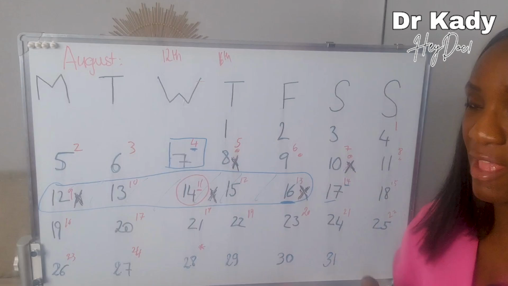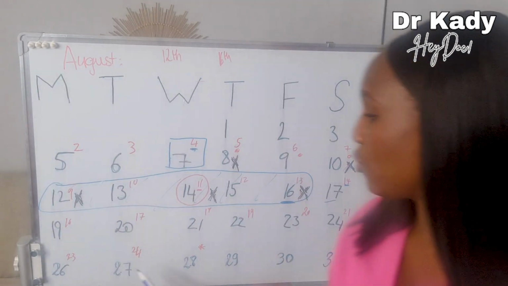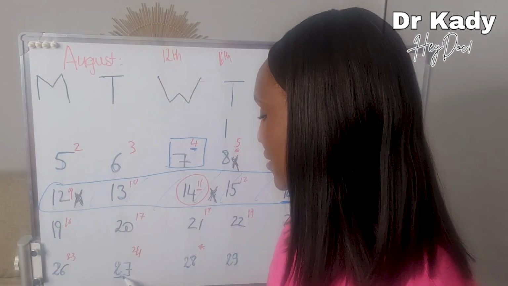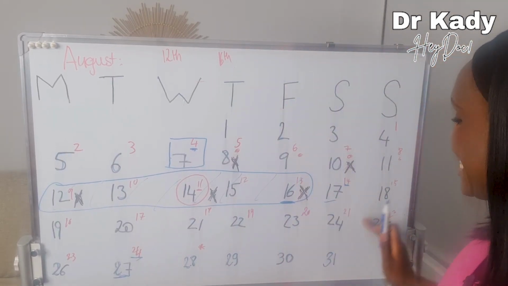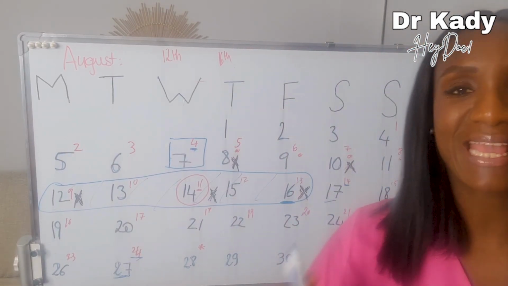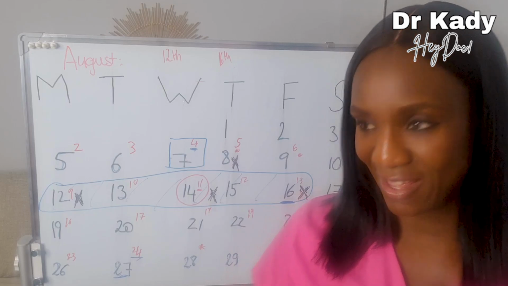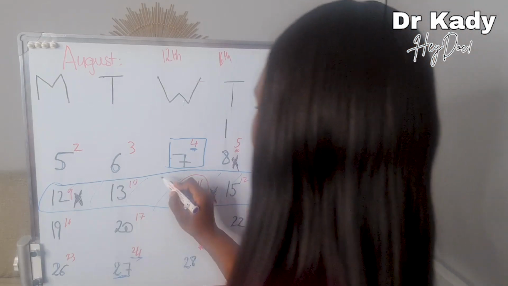Now that the egg has died off after the 16th, from the 17th, which is the 14th day of the cycle, all the way to the 27th, which is the 24th day of that cycle, that period of time is considered to be the safe days. Okay, so let's label this.